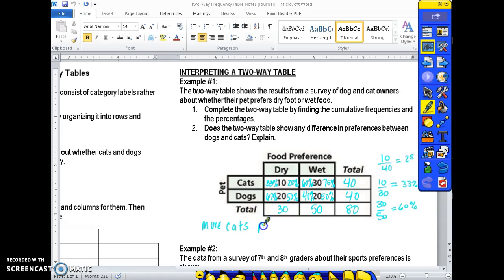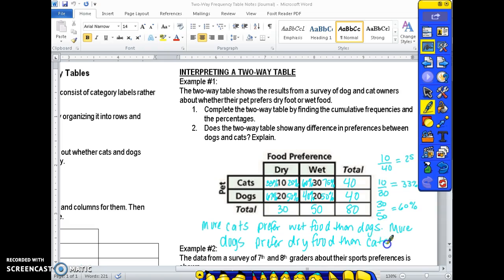So more cats prefer wet food than dogs. And 67% of dogs prefer dry food and only 33% of cats. So more dogs prefer dry food than cats.